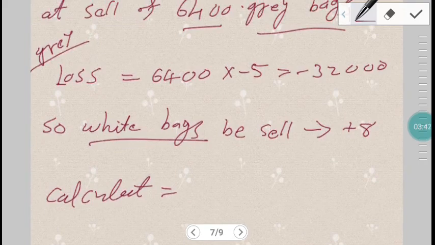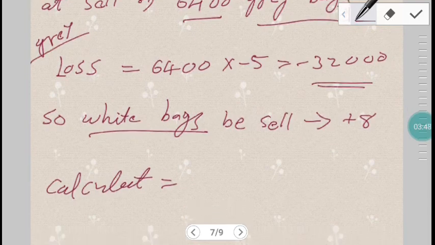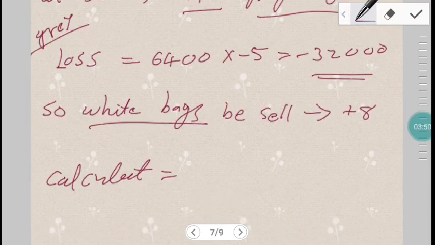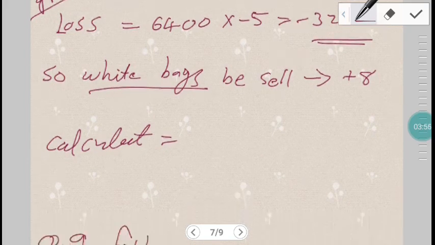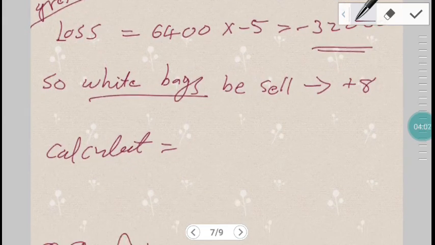So in comparing this loss, how many white cement bags do they have to sell to get no loss and no profit? So by calculating they are suffering a loss of 32,000 rupees. So you can say that a white cement bag is sold at 8 rupees of profit.